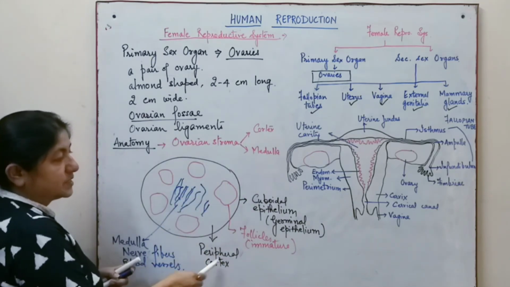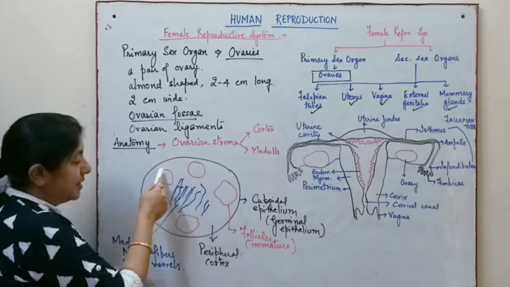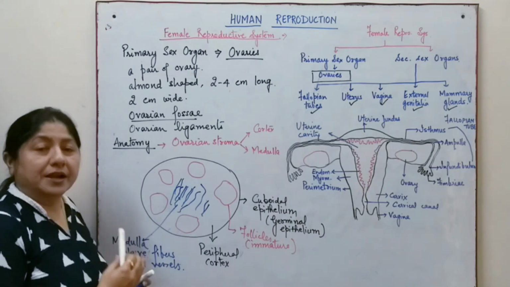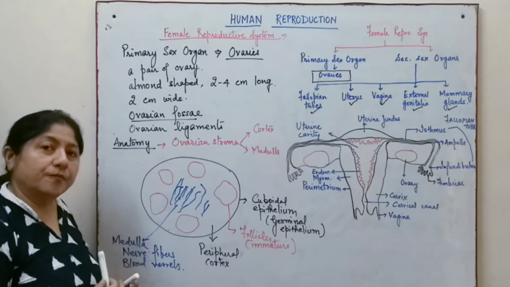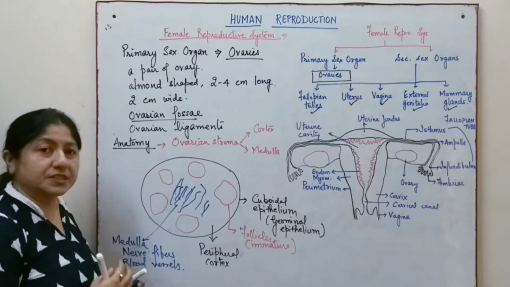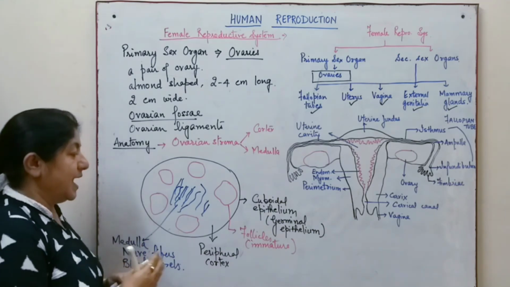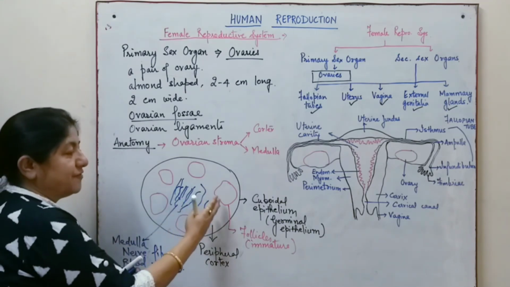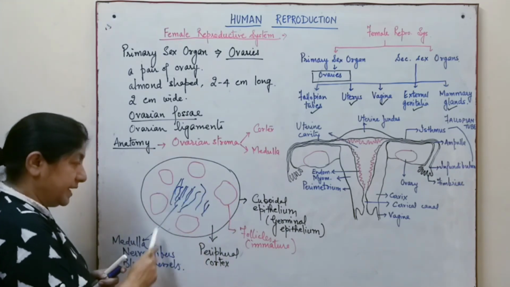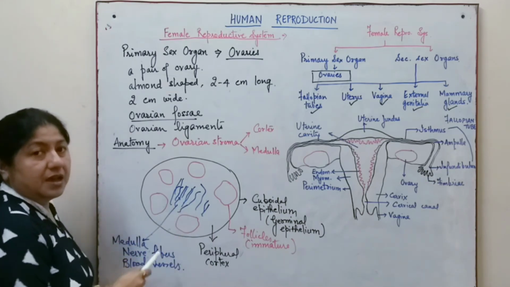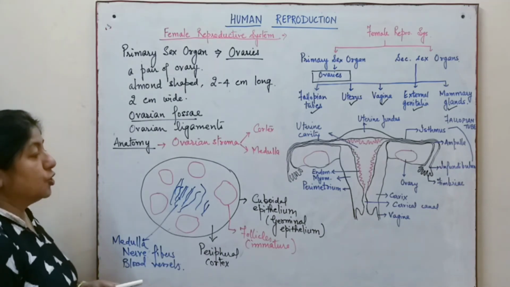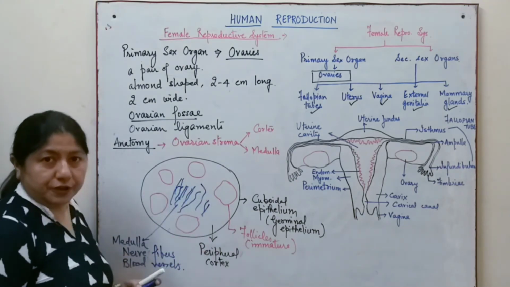The peripheral cortex has the immature follicles, which undergo change and form the Graafian follicle, the mature follicle. It releases the egg, and then the Graafian follicle degenerates to form the corpus luteum. The inner medulla is highly rich in nerve fibers and blood vessels. So this is the internal structure of the ovary.